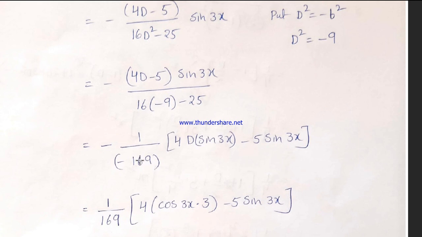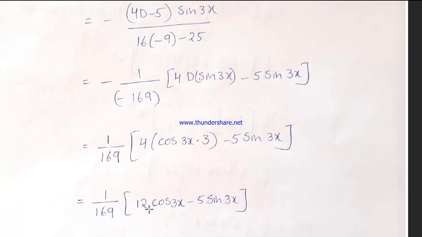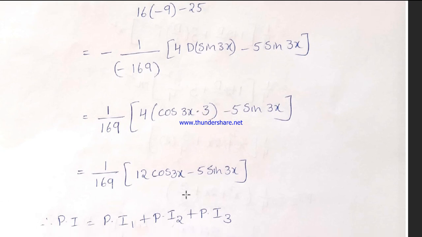So then we can write minus into minus plus 1 by 169. Derivative of sine 3x is cos 3x into derivative of 3x, which is 3. So 4 into cos 3x into 3 minus 5 sine 3x. So 4 into 3 is 12. So we get 1 by 169, (12 cos 3x minus 5 sine 3x) for particular integral 3.